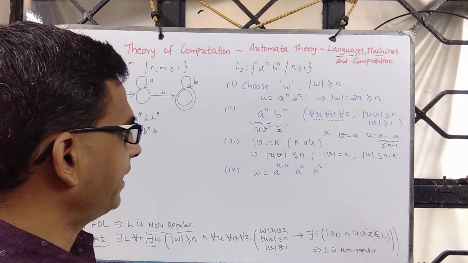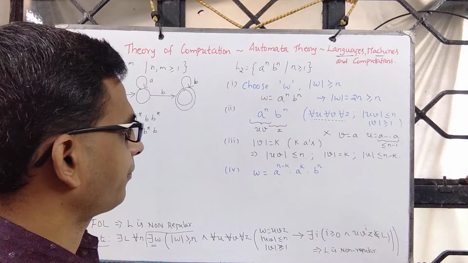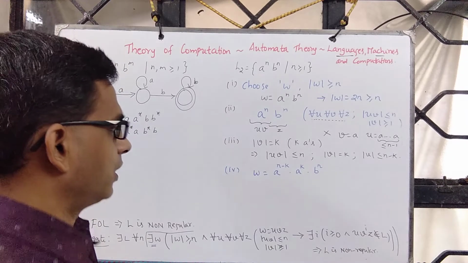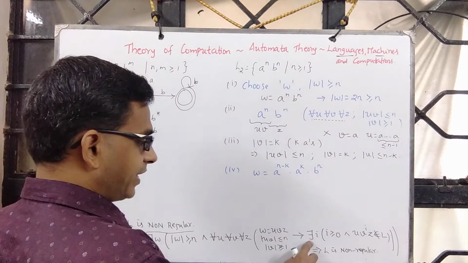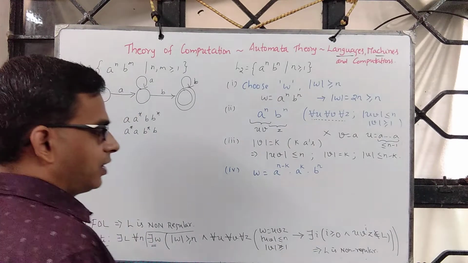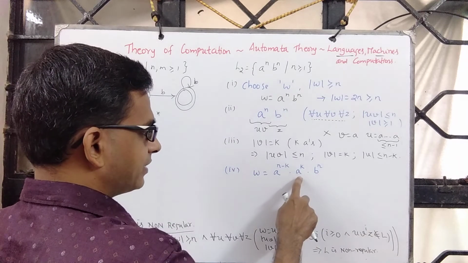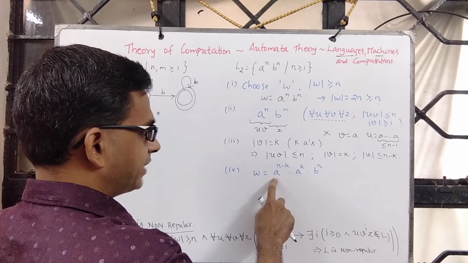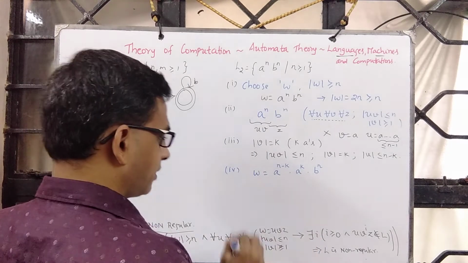So I am rewriting this like this. Now it says there exists i. Now for this string, assuming v is this and u is a power n minus k, z is this.